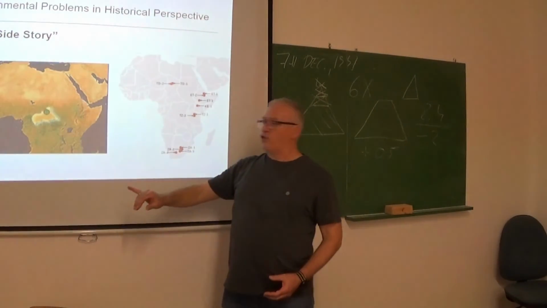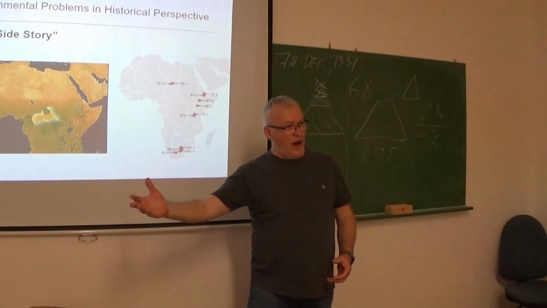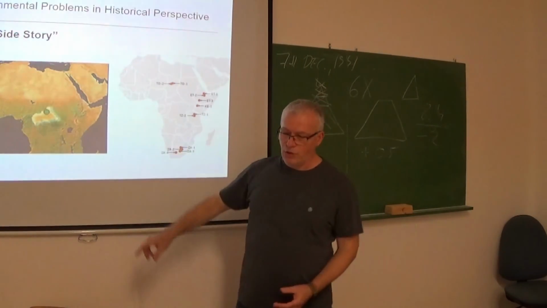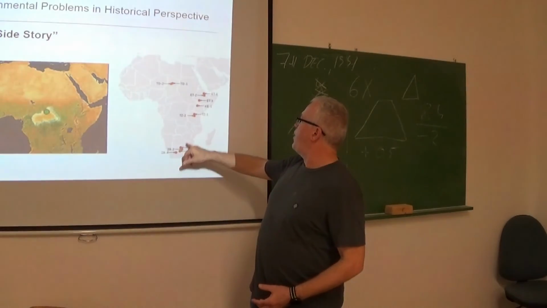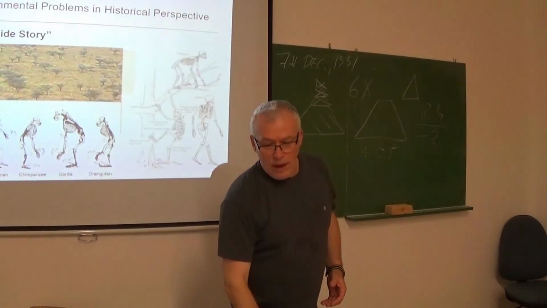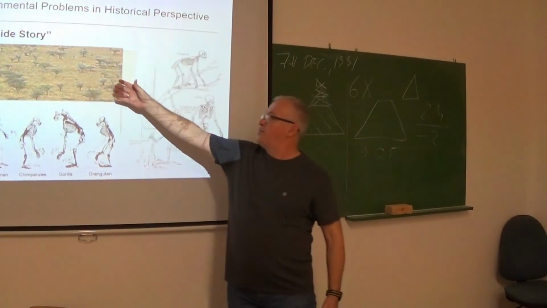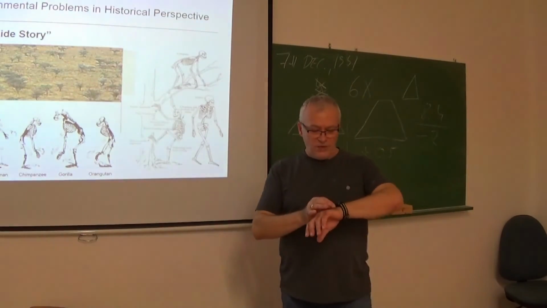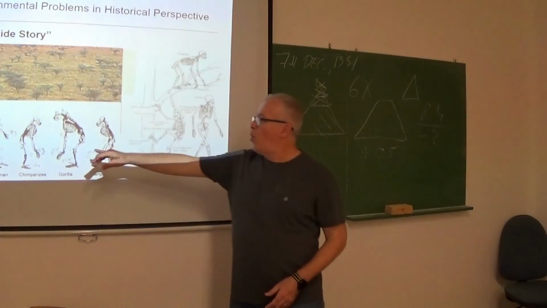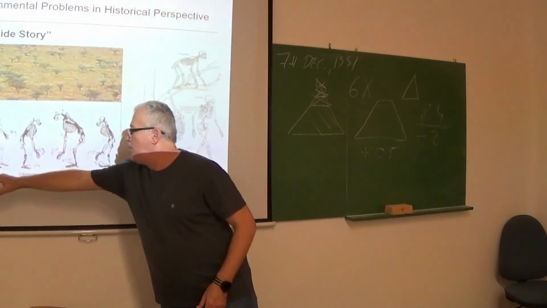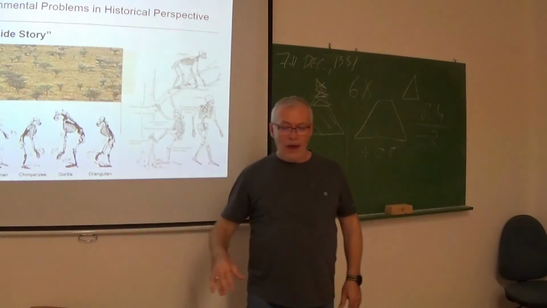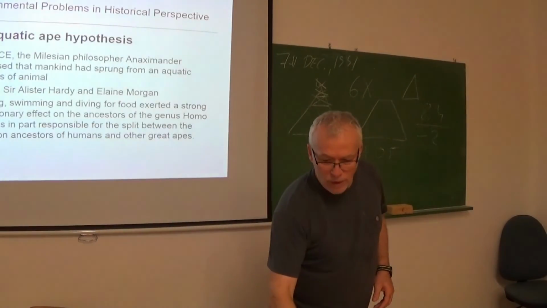The majority of archaeological sites are located in this area and in the southern part of Africa, but this is the richest one. This is the final phase of transformation, and some pictures about how the gibbon, human, chimpanzee, gorilla and orangutan adapted to bipedal walking.